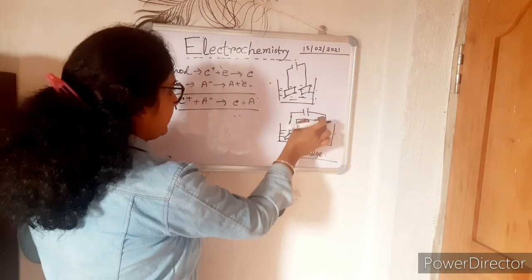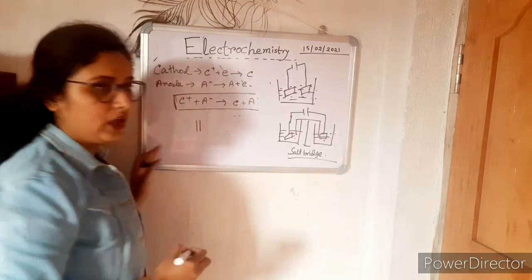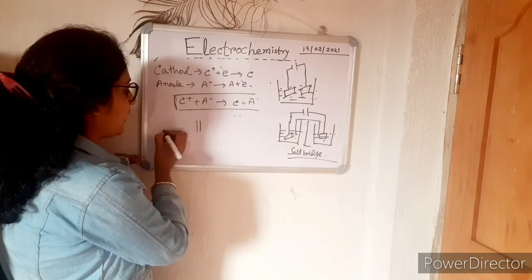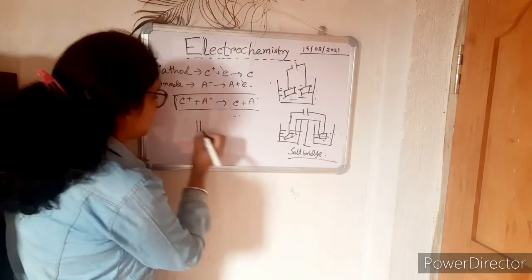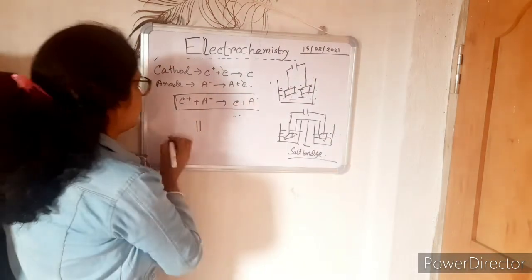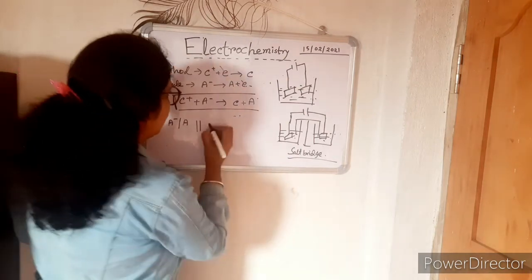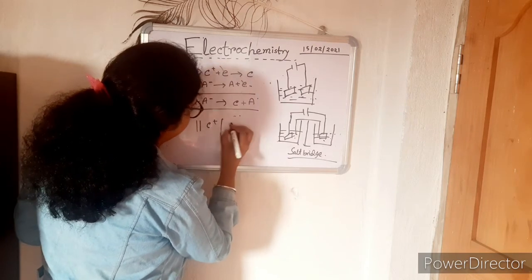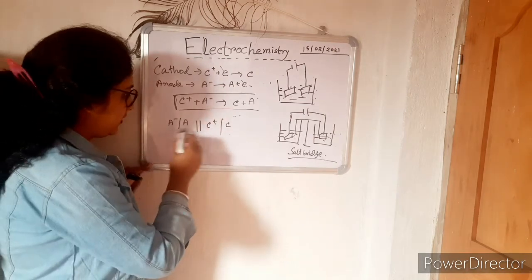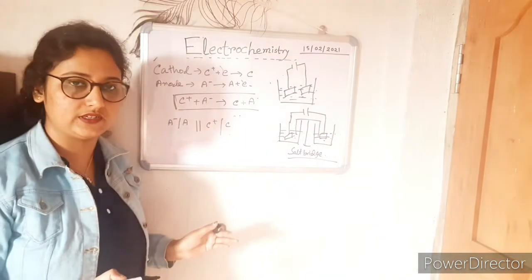In this case, in the middle there is a salt bridge, and the salt bridge is represented by this double parallel line. Now on the left side of this parallel line, you have to write the anode reaction, and on the right side you have to write the cathode reaction. Anode reaction is A minus to A, and cathode reaction is C plus to C. Just by this manner, you can easily say by seeing this what the cathode and the anode are.